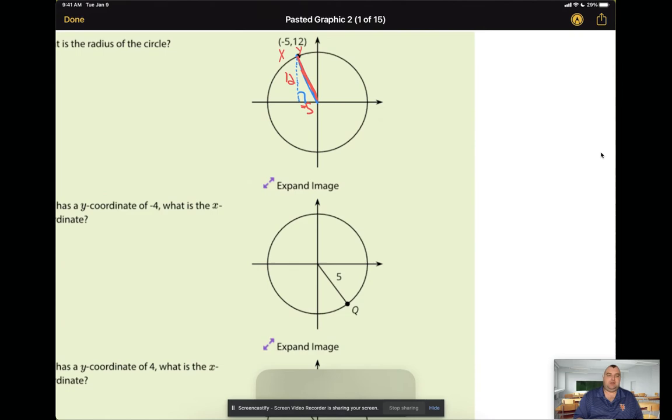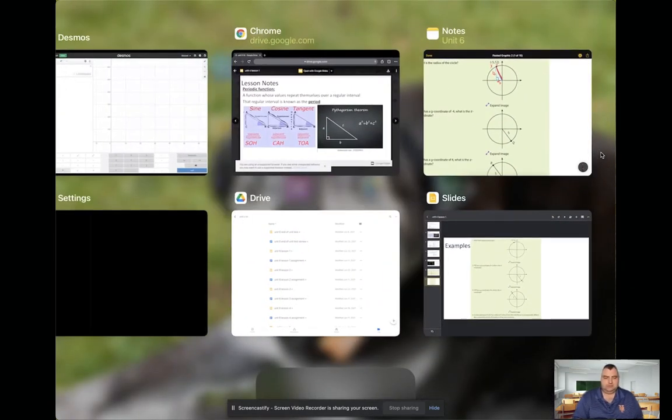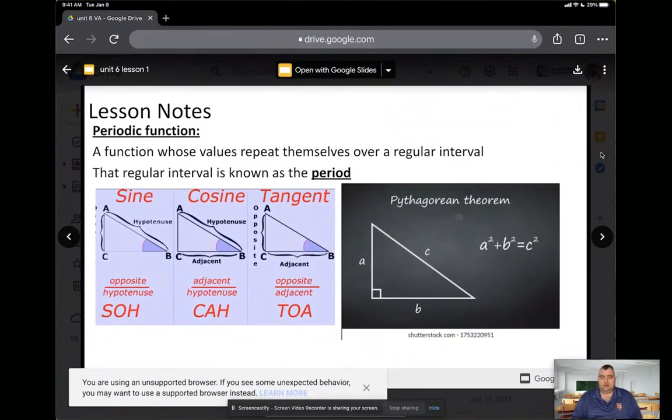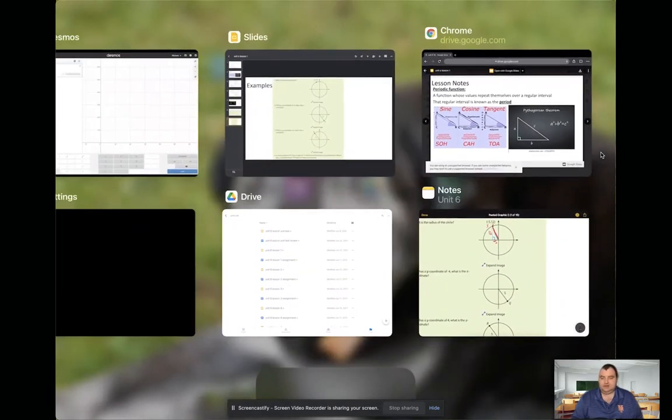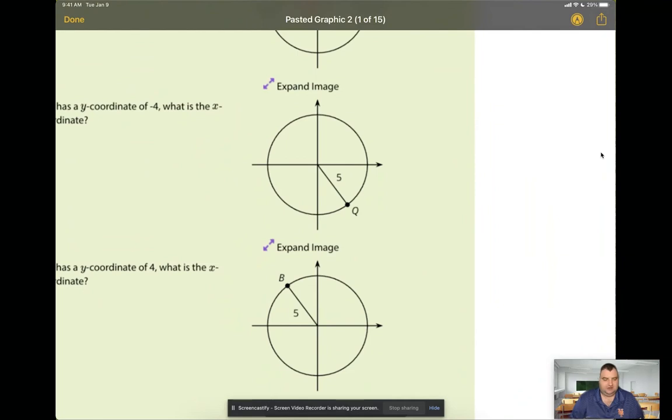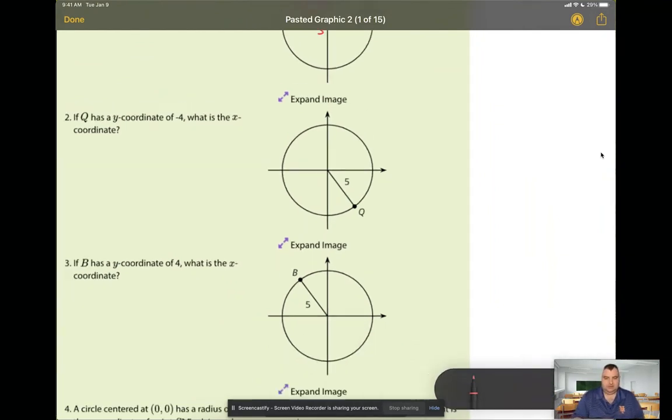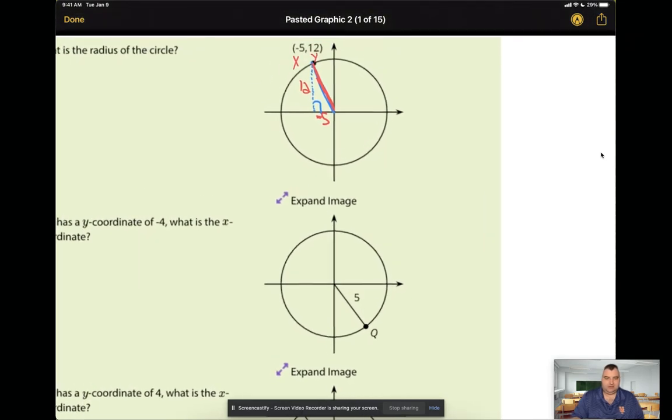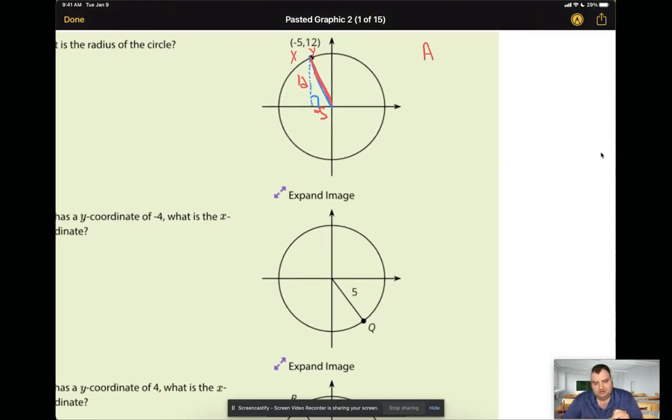So to figure out the radius of the circle, we are going to use the Pythagorean Theorem. That's your a squared plus b squared equals c squared. Okay?